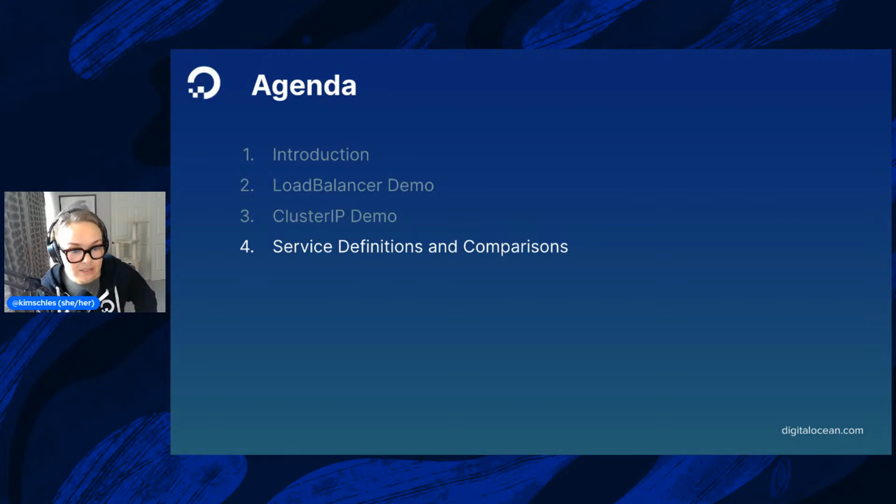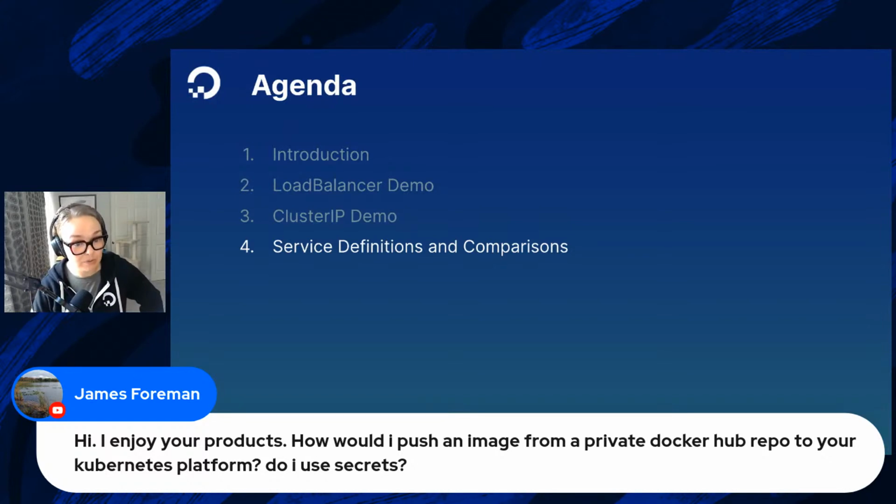So let's go to James. James says, hi, I enjoy your products. How would I push an image from a private Docker Hub repo to your Kubernetes platform? Do I use secrets? I guess it depends on the container registry that you're using.